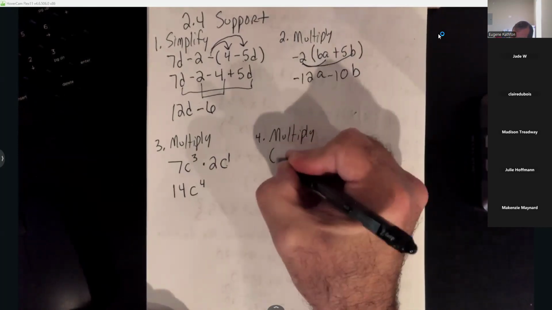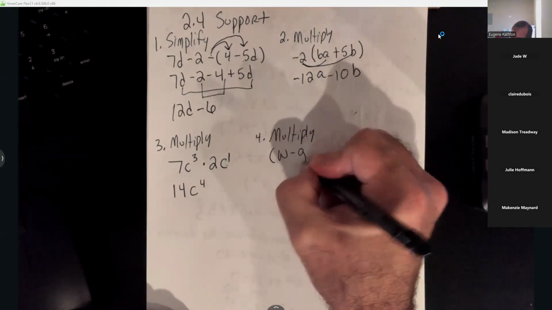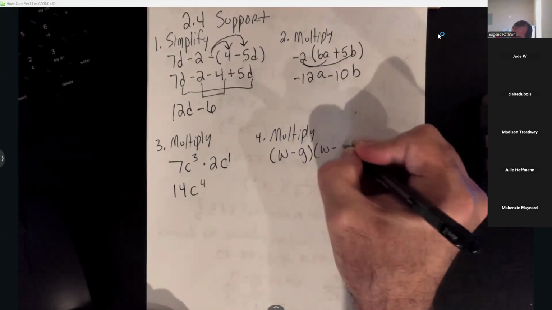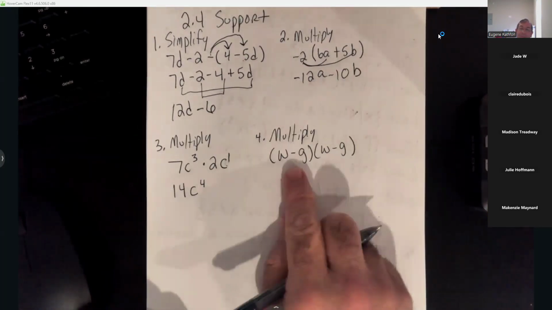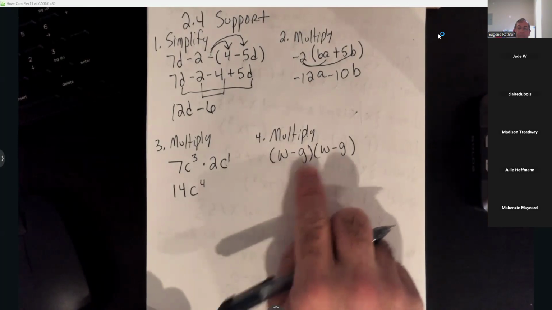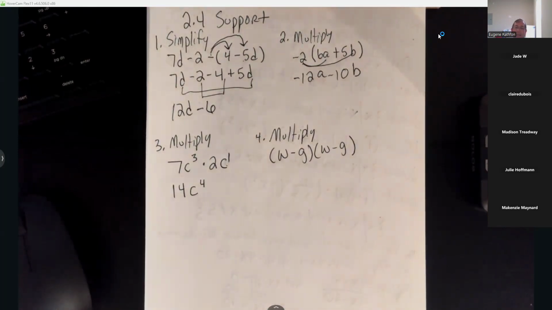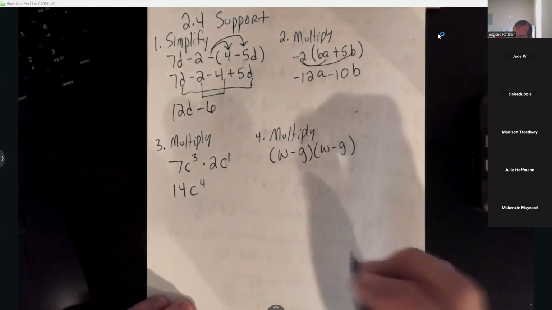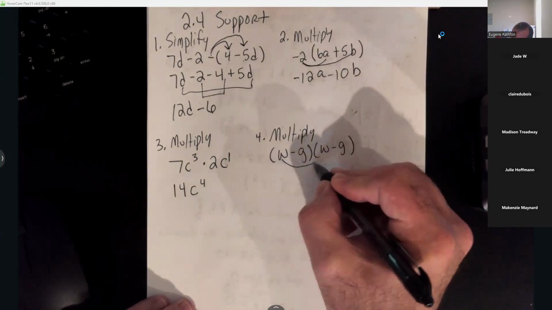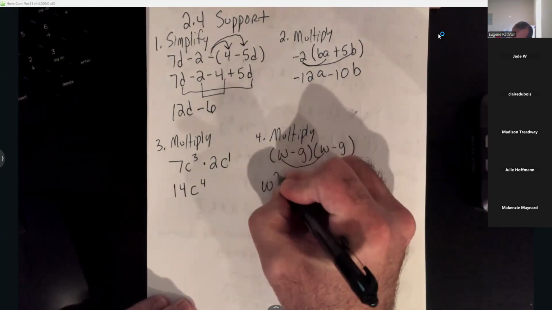All right, this one was just getting you ready for what we did today. W minus G times W minus G. Just getting you ready for your foiling, like some of these I did. Remember when I did the G times G earlier? So just getting you ready for that. So y'all, here we go. W times W is a W squared.